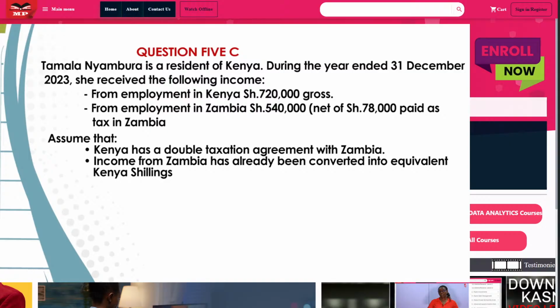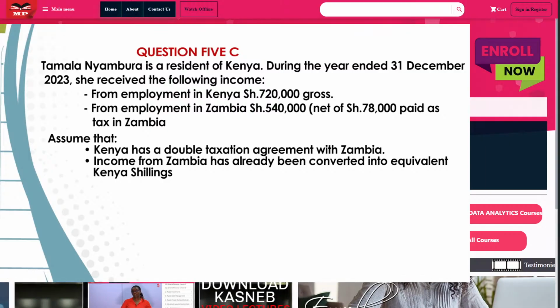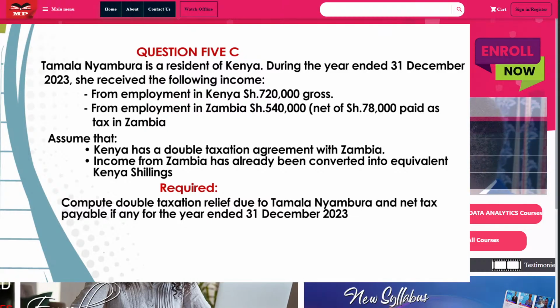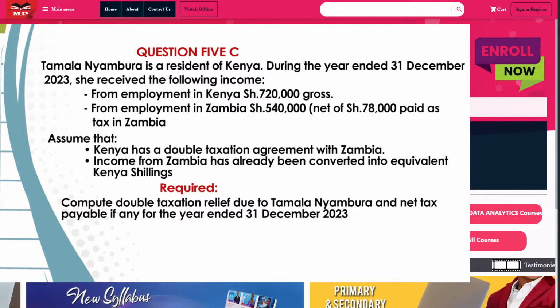Income from Zambia has already been converted into equivalent Kenya shillings. Required, compute the double taxation relief due to Tamala Nyambura and the net tax payable, if any, for the year ended 31st December 2023. And that question is basically 5 marks.